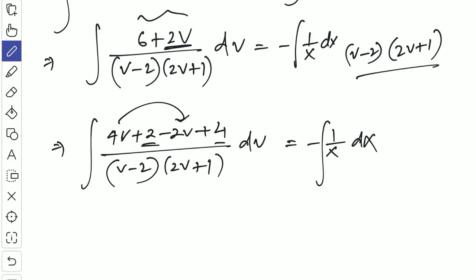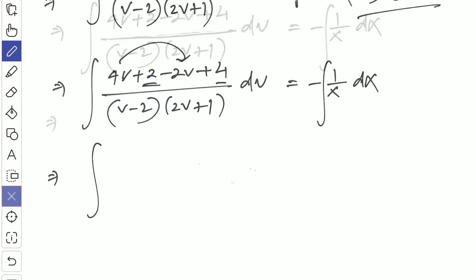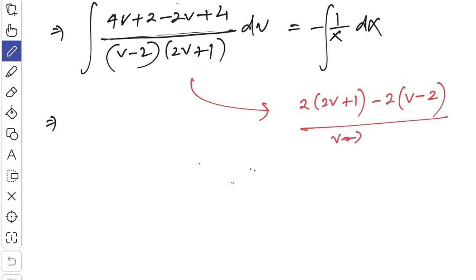So now this expression becomes, if you take 2 common, twice v plus 1 minus 2 into (v minus 2). Here you see, we have (v minus 2) into (twice v plus 1).